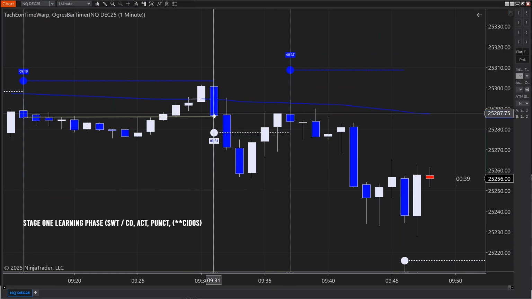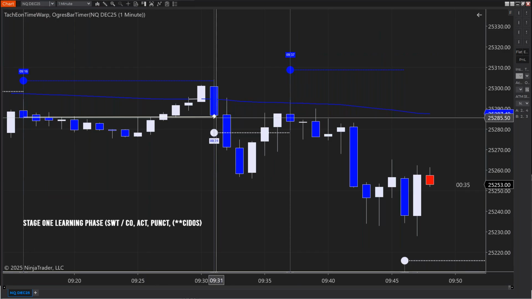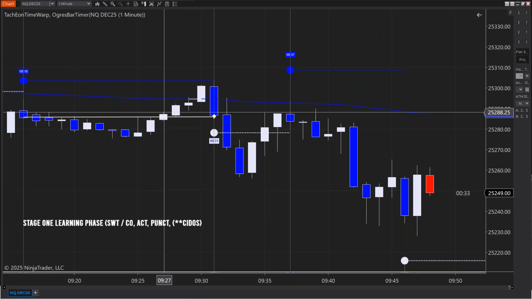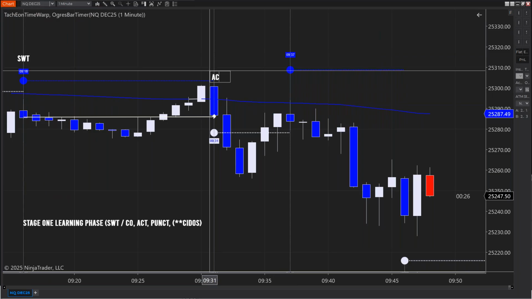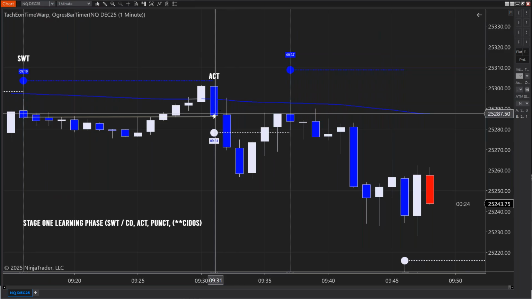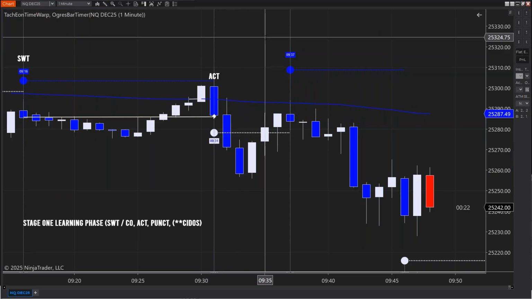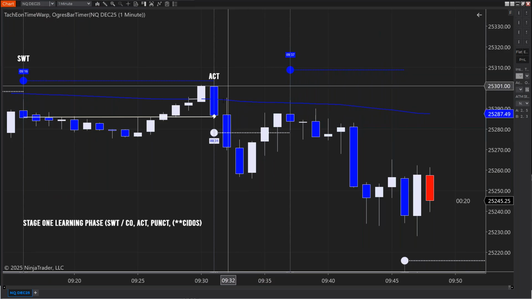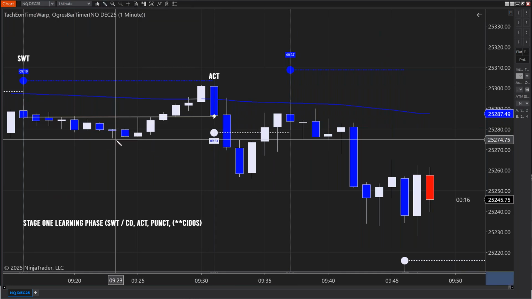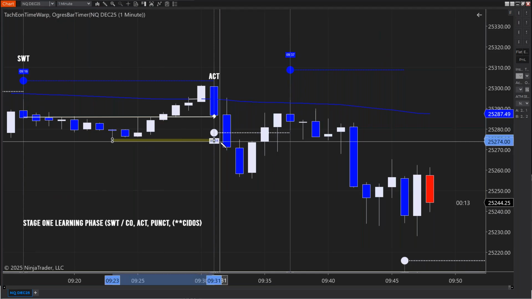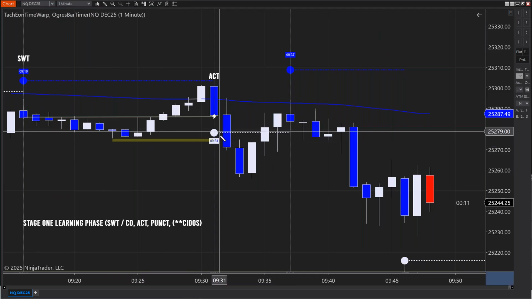At 9:31, it is an aggressive counter trend trade. Let's keep note of these. It is an aggressive counter trend trade because there's a good chance it's going to go straight up. So the structure, unfortunately, when I look left, is below the ATR stop of the signal.